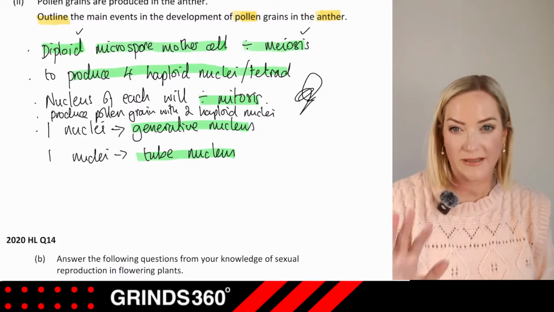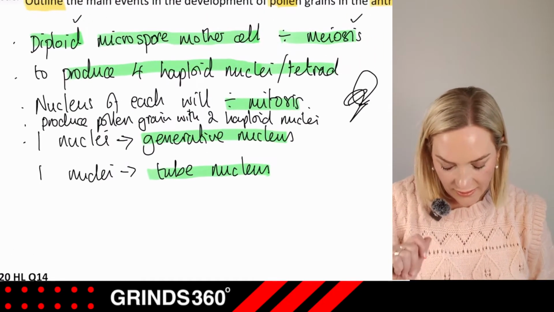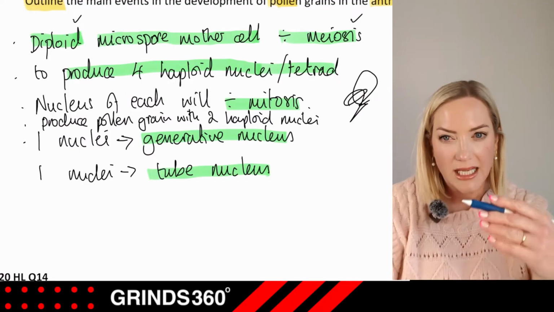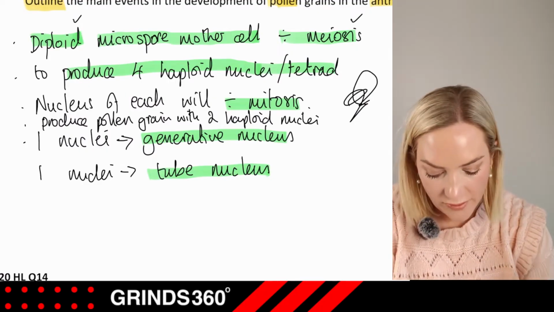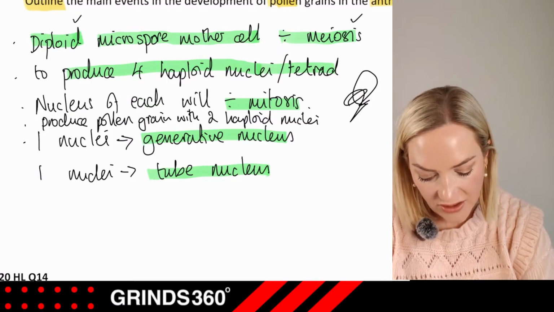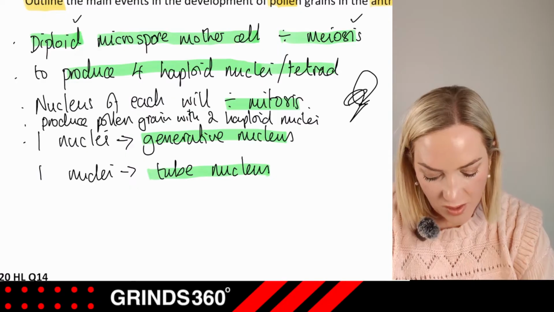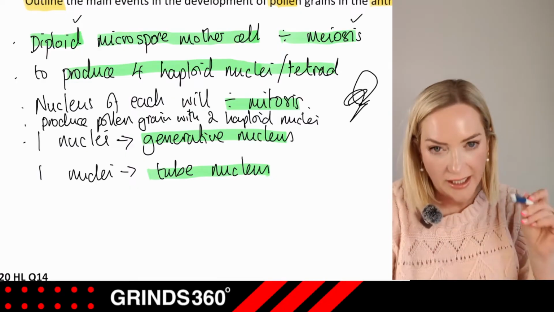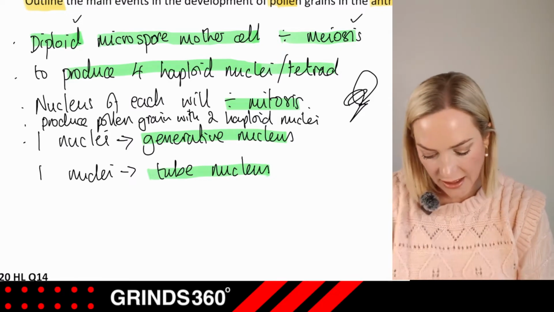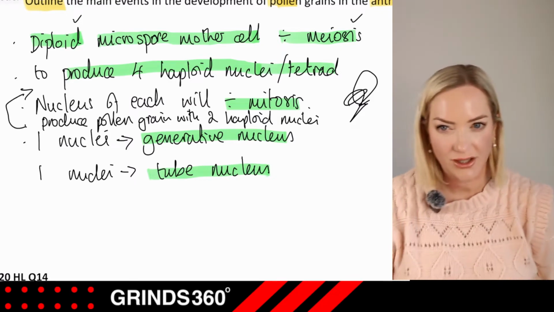Okay, so here's another example. I've added the sentence here, produce pollen grain with 2 haploid nuclei. If you read this through, it says diploid microspore mother cell divides by meiosis to produce 4 haploid nuclei. Then the nucleus of each will divide by mitosis, produce pollen grains with 2 haploid nuclei. That's not in the correct order, but you can still get marks for that. Ideally, that should go there.